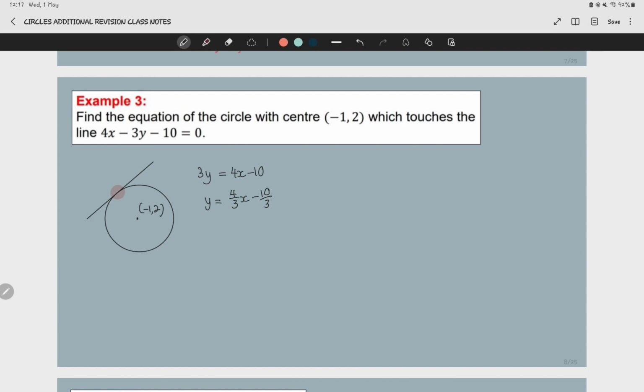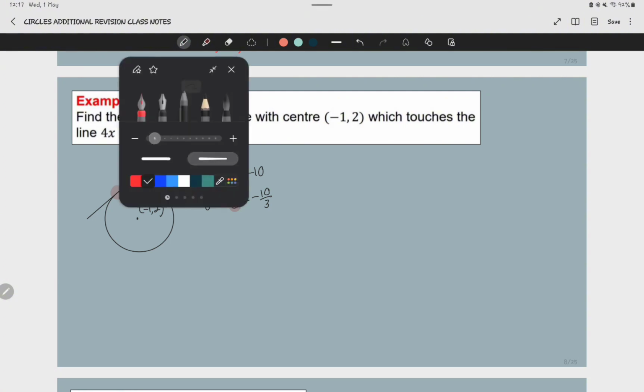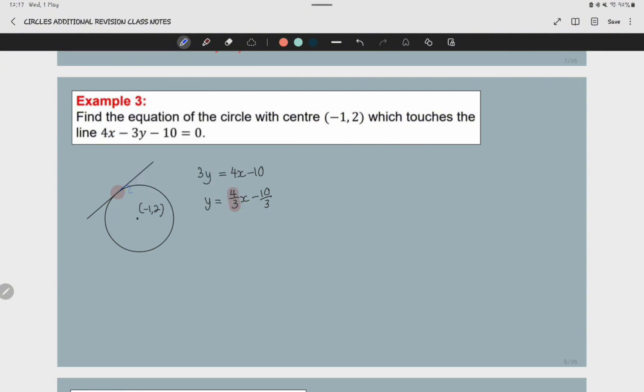Remember back what you learned last time? We are taking this gradient here, 4 over 3, and converting it to find the gradient of its perpendicular. We are going to draw another line like this, exactly 90 degrees here, so that we can find the intersection between the blue line that I drew and the black line. When I find that point of intersection, I can find the radius between that point and my center. When I get that radius, I can find my equation of the circle.